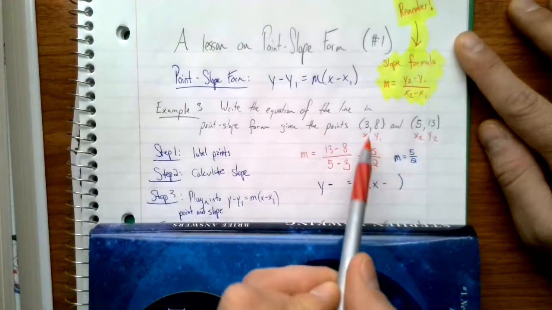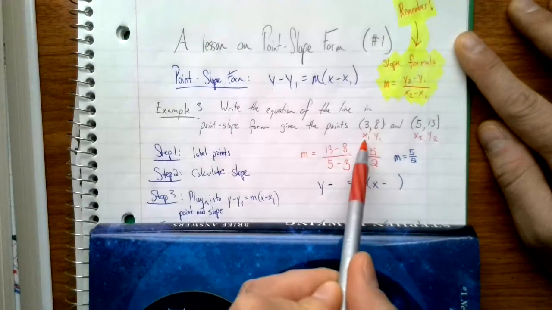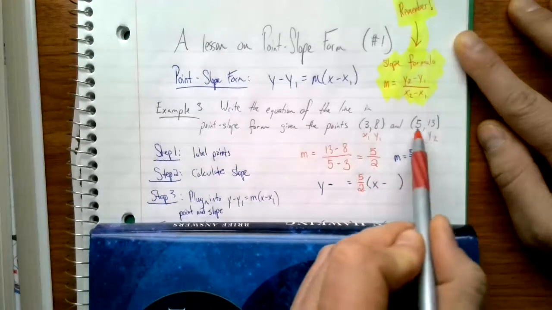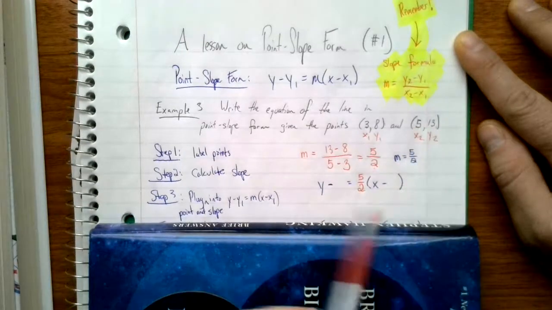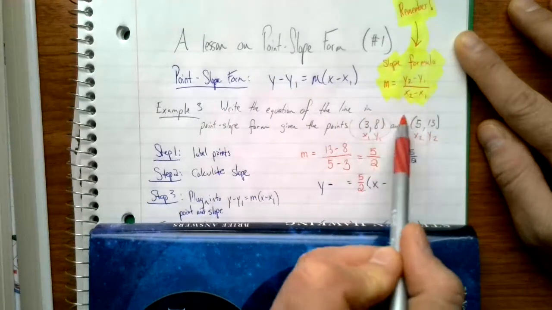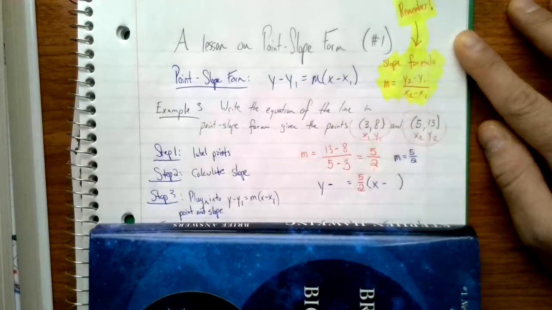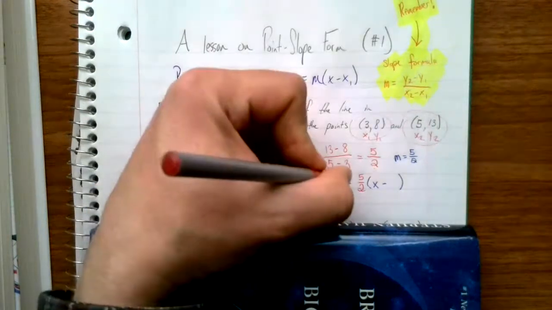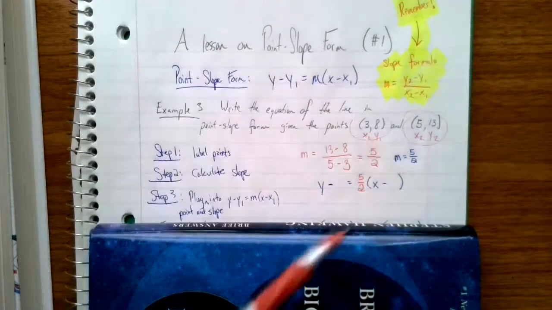Now I know that this point here is the one that's labeled x1, y1. But if I wanted, I could plug this point in. And the point I'm trying to make is that you can take either the first point or the second point and plug that information into the equation. So for this example, I'll do the first one.